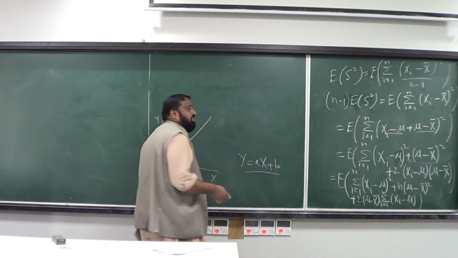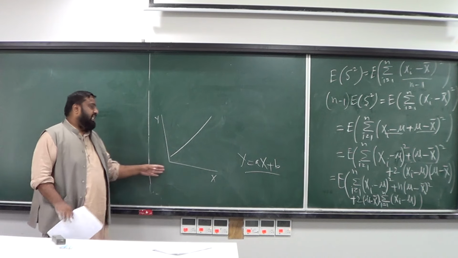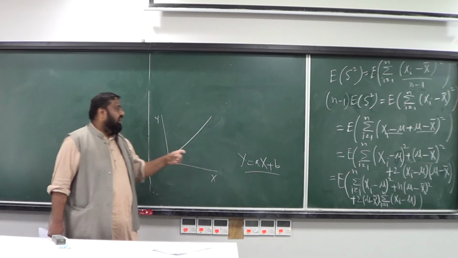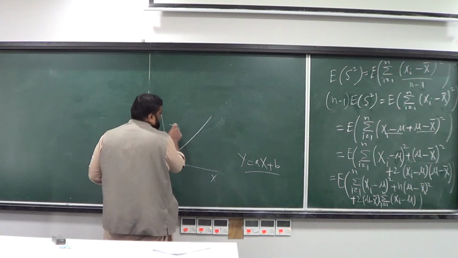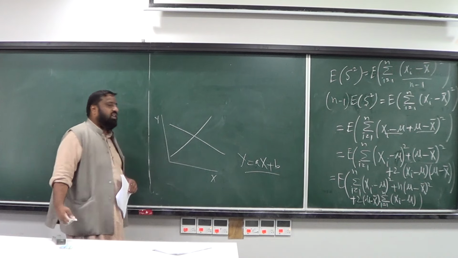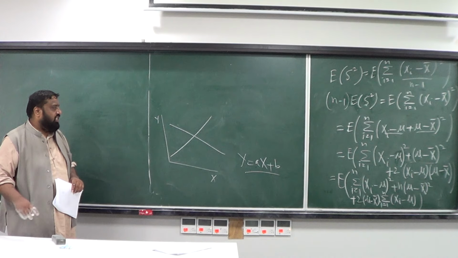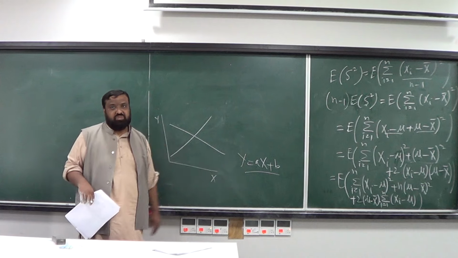So it is also possible that y and x are related in this manner: as x is increasing, y is also linearly increasing with the same rate a. But if this a is negative, then if x is increasing, y is linearly decreasing.